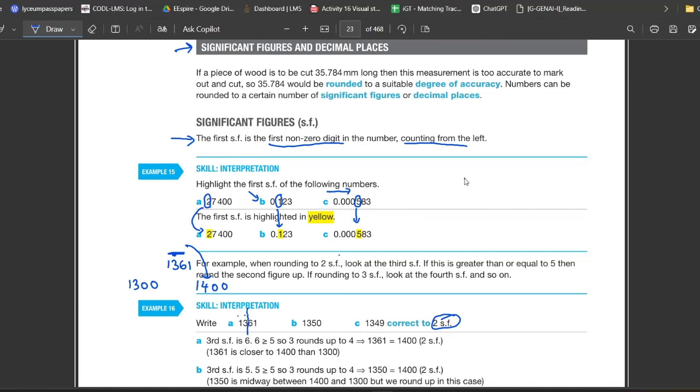So we have 1300 and 1400, and in the middle, 1350. In a place like this, 1361 is there, and this is closer to 1400, so we have to select this.